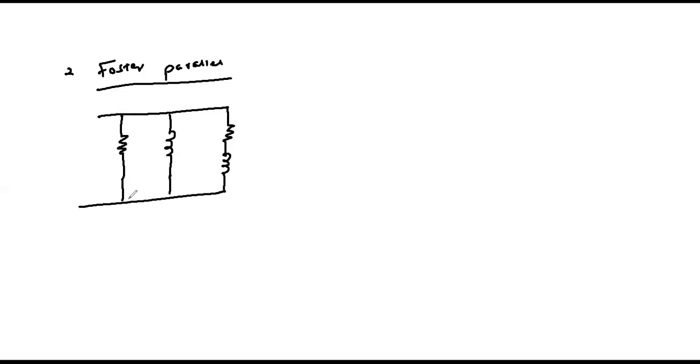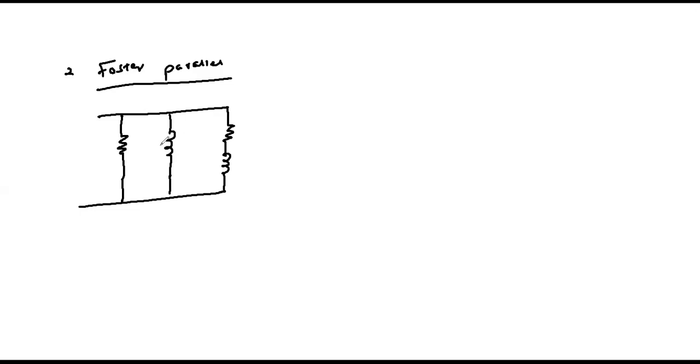That means we can have a resistor, an inductor, and then a resistor series arrangement with an inductor, and all the components are in parallel. If there is any series arrangement, it is in parallel with the entire network. And this is the Foster parallel network.